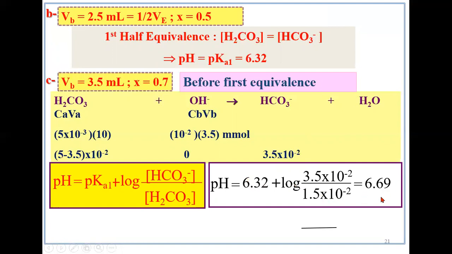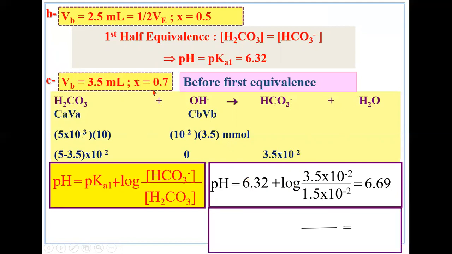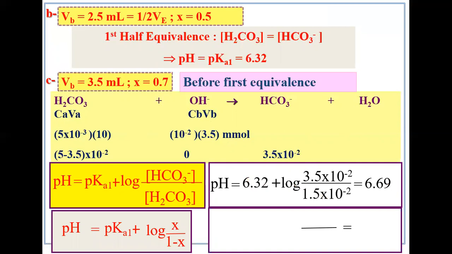Great, that's my pH. Well, you know what, to do these calculations, I mean, they're easy and you can do them and they don't take time, but I could make it a lot easier by using the following equation. Okay, that's the equation. pH equals pKa plus log of x divided by 1 minus x. If you don't have the x value, go ahead, find it.